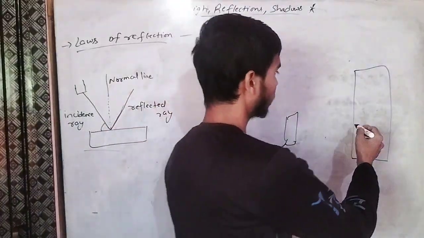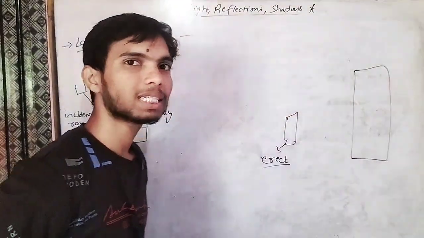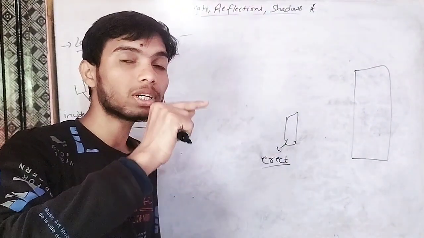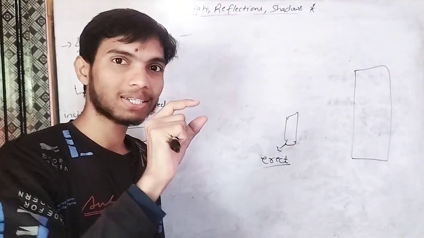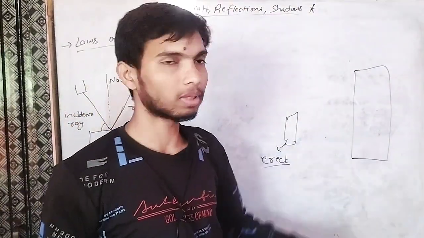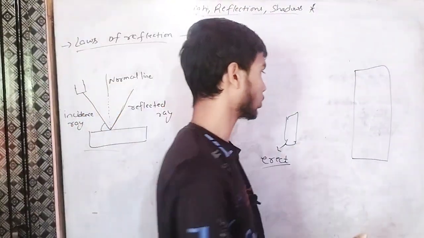So here we are looking at our image. We see our image inside the mirror, so it is said that this is a virtual image, a duplicate image.